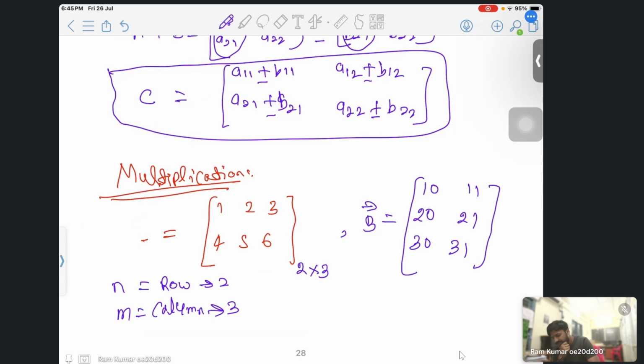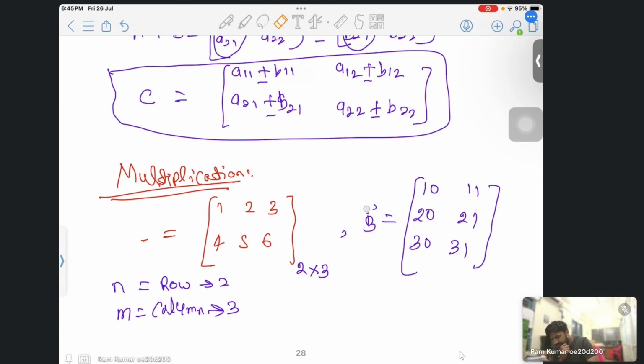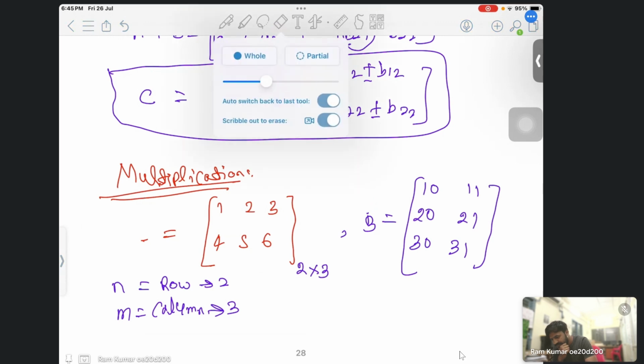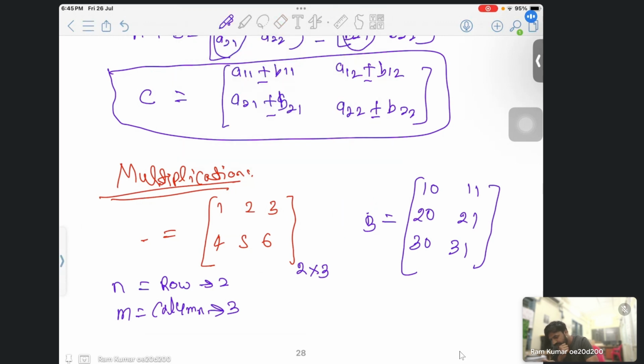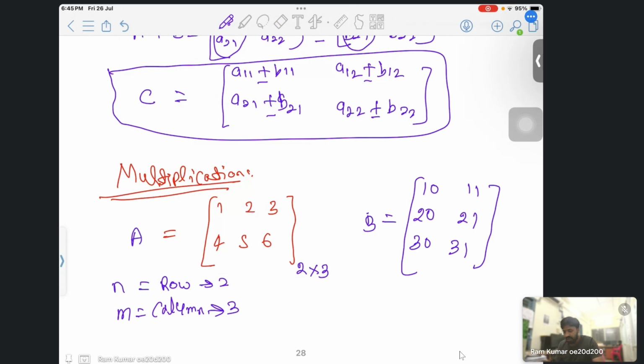This is a matrix. So, matrix A, matrix B.